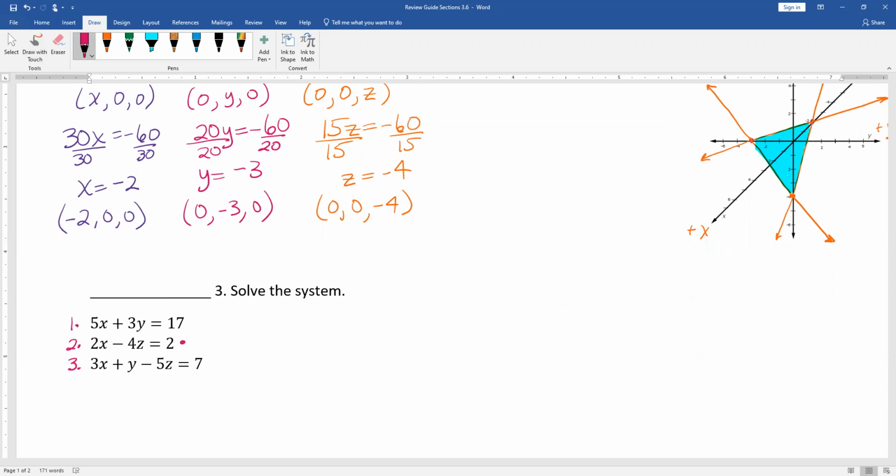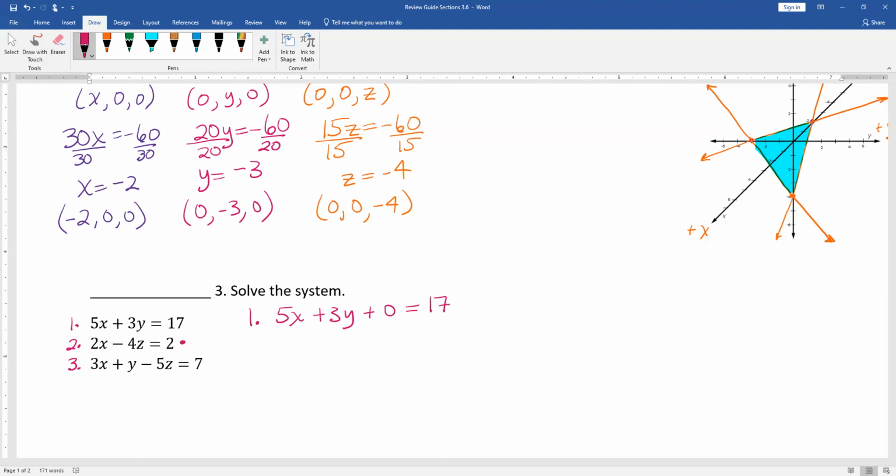And I noticed that with my 3y and y, I'm not going to have to use super big numbers to create an equivalent equation. So let's do step 1. I'm going to pair up equations 1 and 3. So this is 5x plus 3y. I'm going to put a space for z, just 0, because it makes my brain happy.